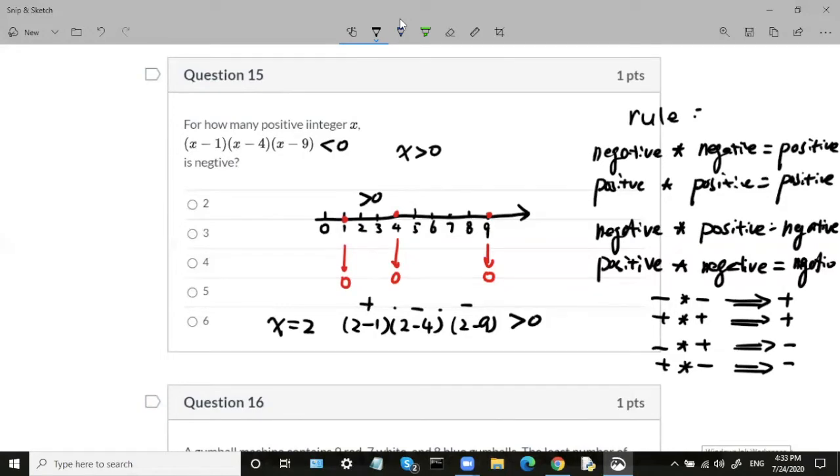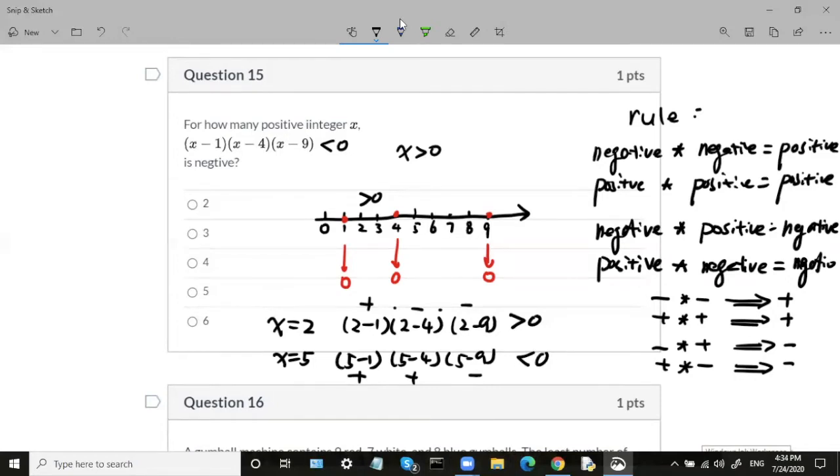So then let's test x equals 5. We have 5 minus 1, 5 minus 4, and 5 minus 9. So this one is positive, positive, negative. Positive times positive is positive, then times negative is negative, so less than 0.